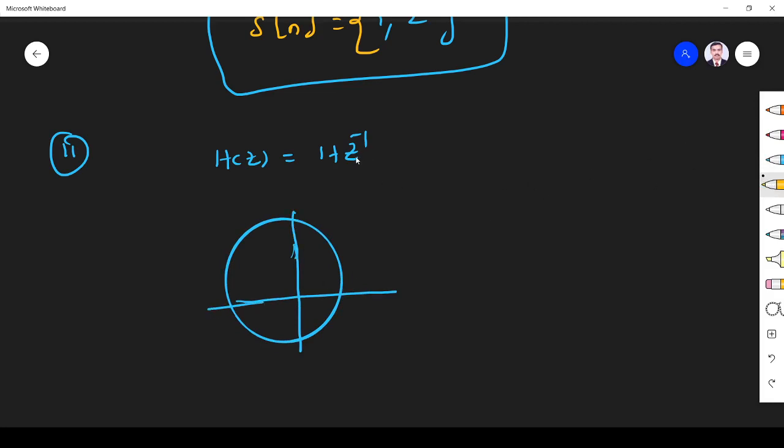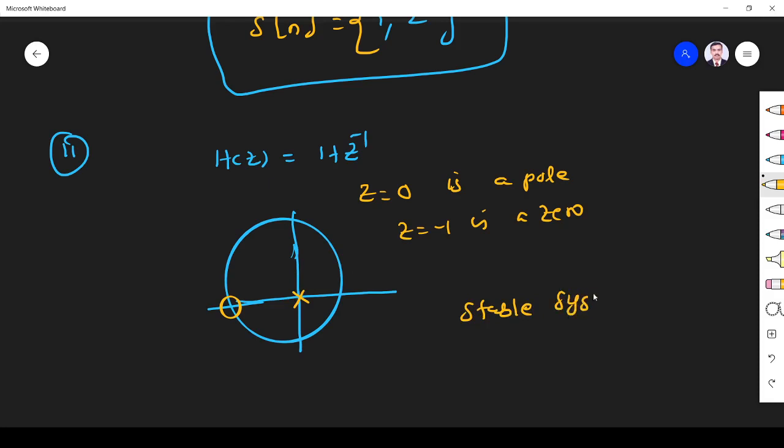The pole is at 0, because 1 plus 1 by z, so the pole is at 0 and the zero will be at minus 1. So z is equal to 0 is a pole, z is equal to minus 1 is a zero. The pole lies inside the unit circle, right? So it is a stable system. Already we proved it is a stable system. It is another way of finding it is a stable system.